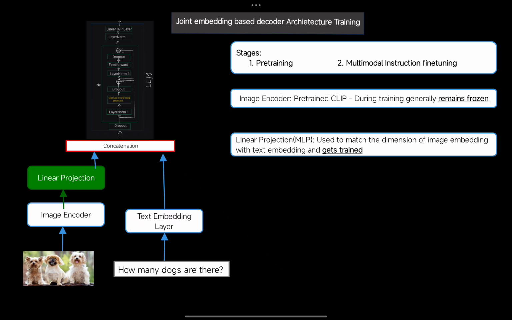Which is a set of multi-layer perceptron, which are like 2-3 layers of multi-layer perceptron, and that we generally only train during the pre-training phase, right?